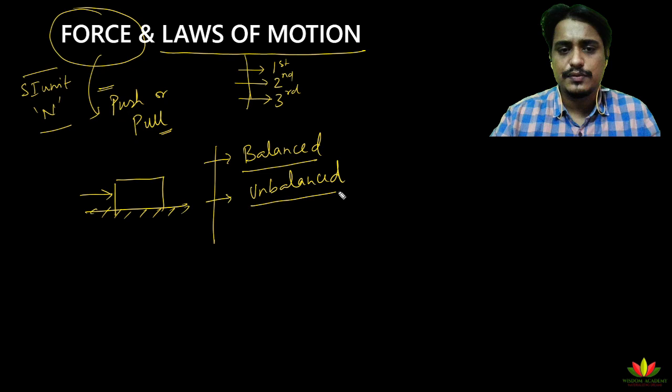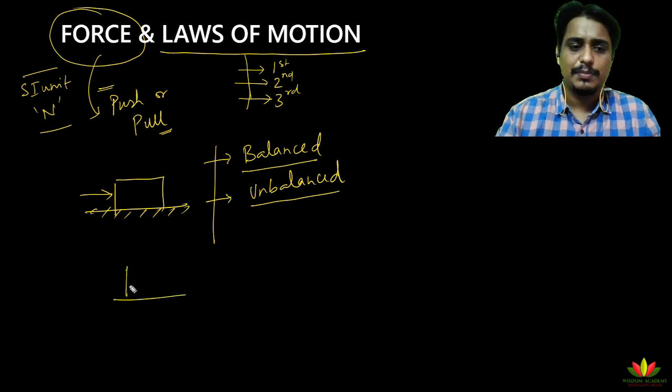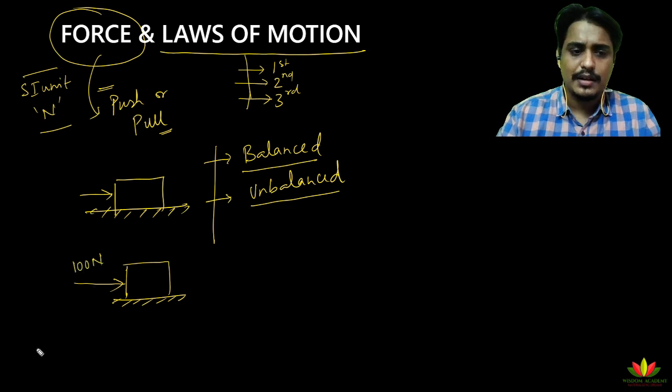Suppose there is an object kept on a surface and you are applying a force on it. Let that force be 100 Newton. Will the object move or not? Yes, it may move, if the force is strong enough, the body starts moving in this direction.